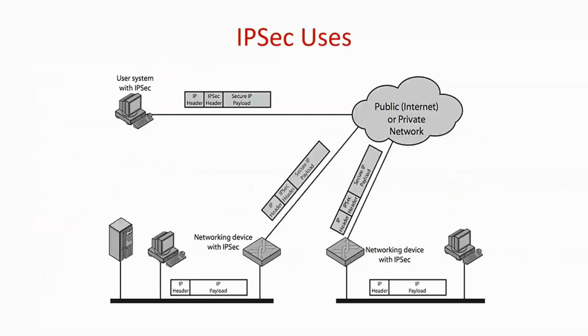For IP security to execute its features, it needs an additional header. Just like TLS and SSL required an additional handshake and additional information is included in the message, IP security also relies on an additional header that is inserted between the IP header and the payload to perform the security features in this case.